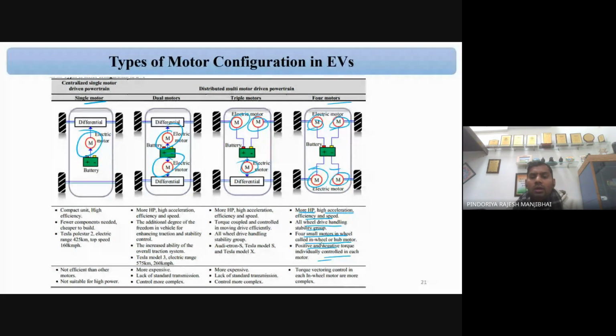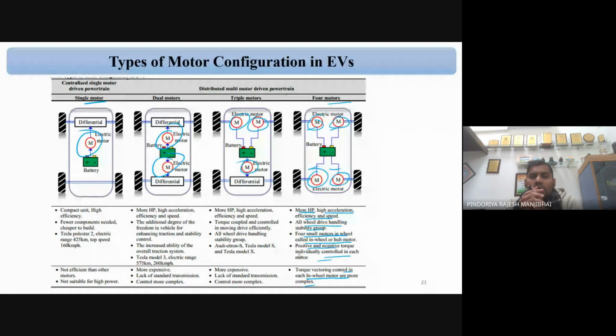Torque control in each in-wheel motor is more complex. If you want to control the torque for each and every wheel, that is complex. So overall, we can say the structure is complex for the different types of motor configuration.